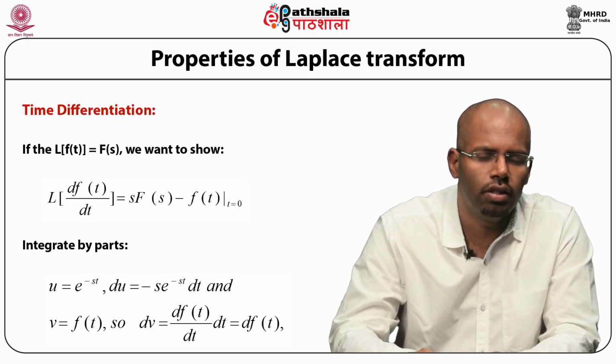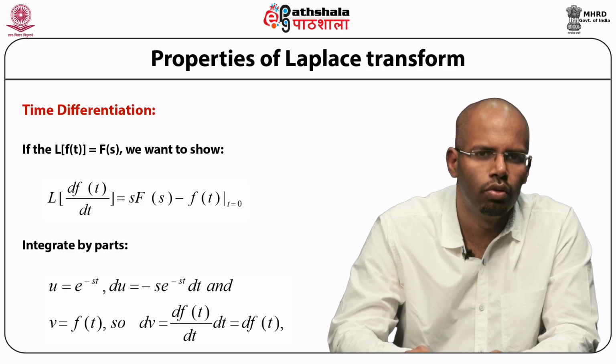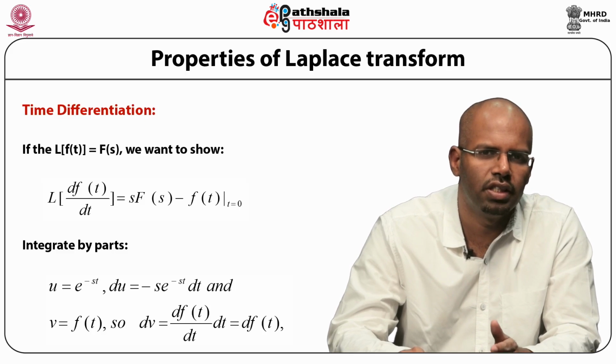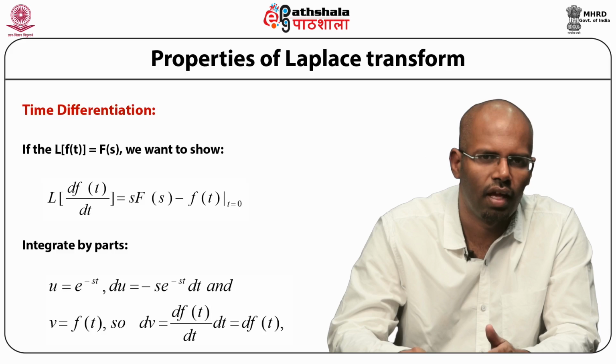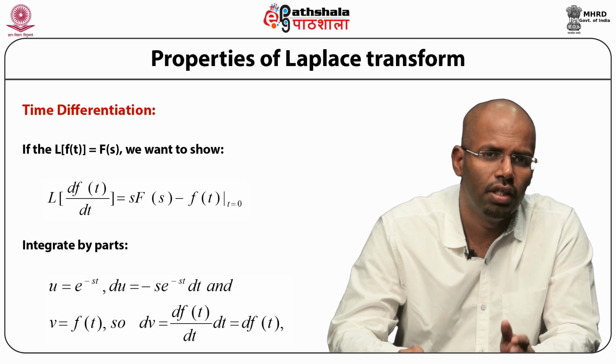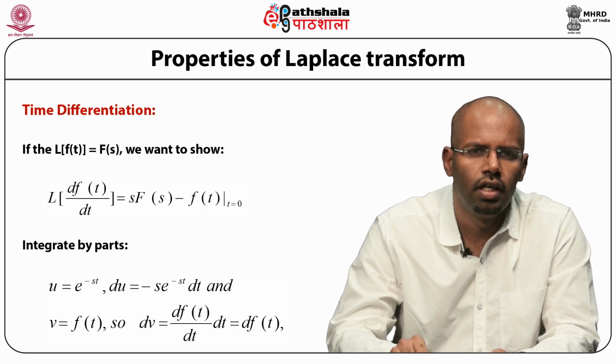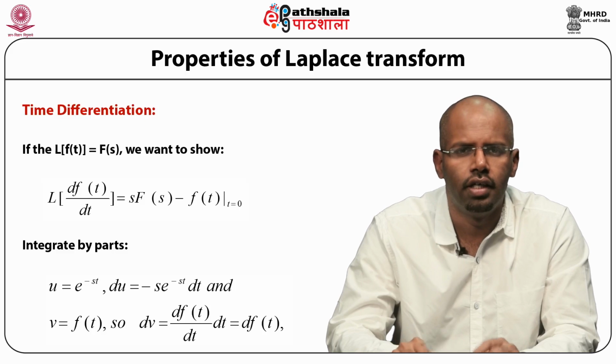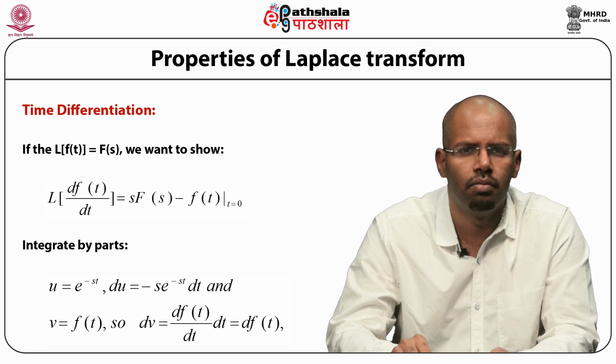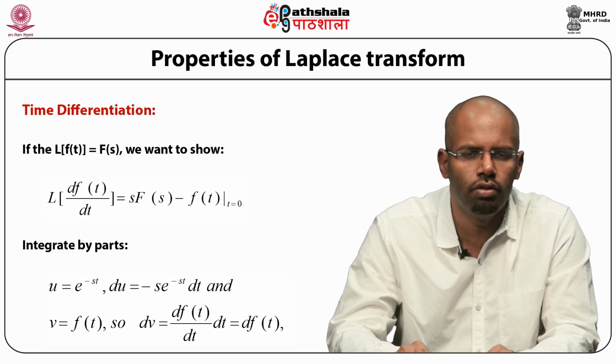Let's assume u is equal to e power minus st and du is equal to minus s e power minus st dt. If you differentiate u, you will end up getting du, which is minus s times e power minus st dt, and v is f of t, so that dv is equal to the differential of f of t by dt into dt.